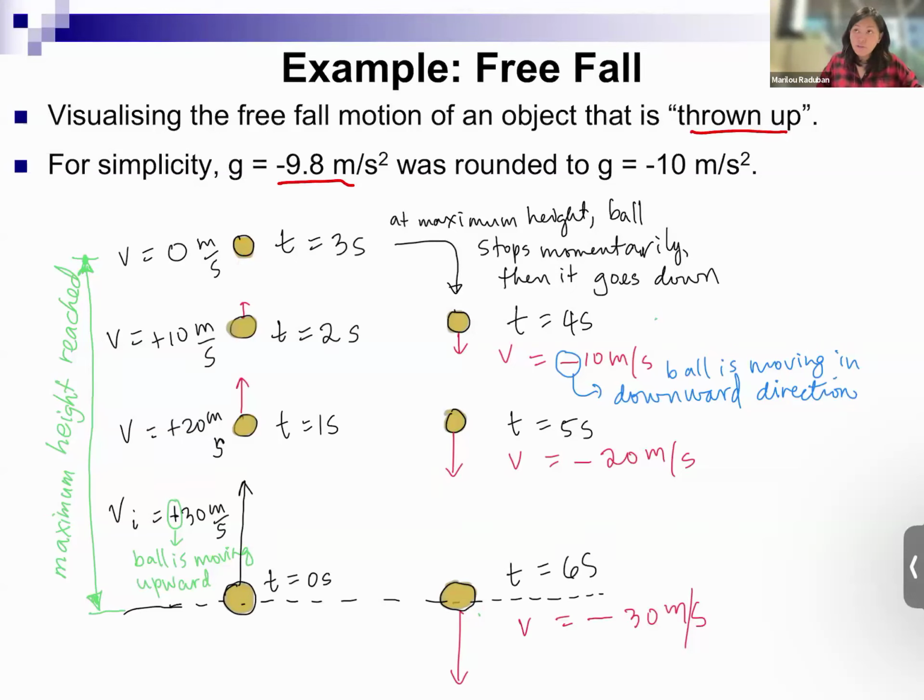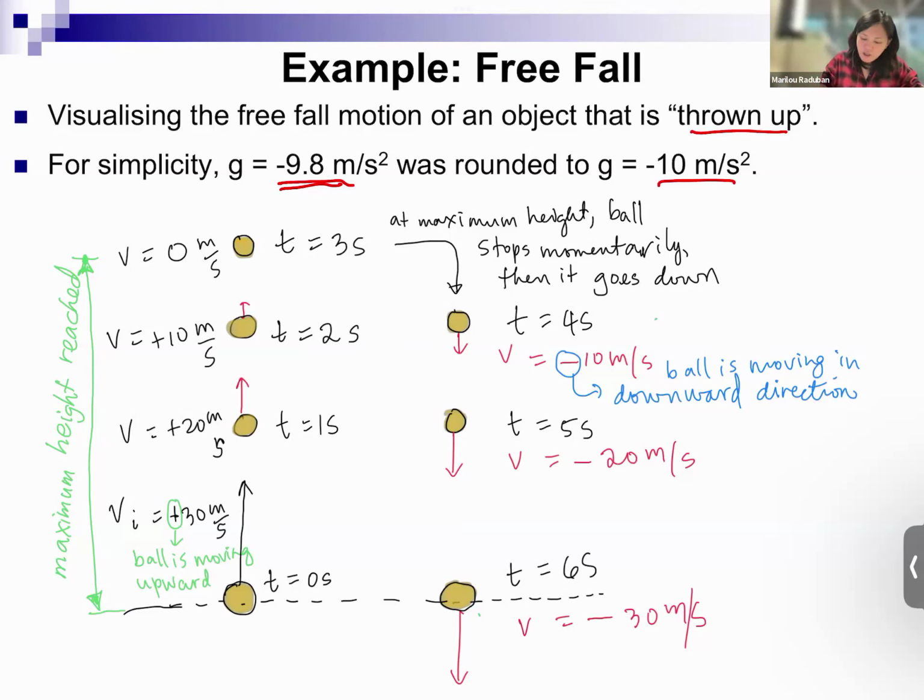every second. So after 1 second of being thrown, the velocity of the ball would have decreased by 9.8 meters per second. Just for this particular illustration, let's round 9.8 to 10 because it's easier to subtract whole numbers.